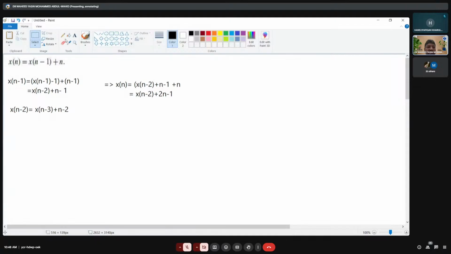They didn't make it like this. You make it xn minus 1, here n minus 1 plus n. Here make it like this, xn minus 2, xn minus 1 plus n. So he makes this with parentheses like this.